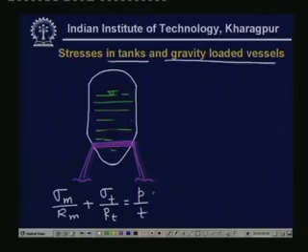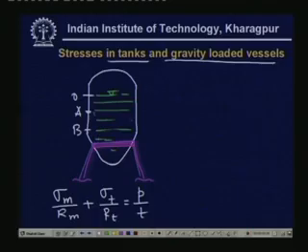Earlier, in cylinder design, we considered P to be uniform, but now P varies. At point A the pressure is different, point B pressure is somewhat different, and the pressure is 0 at point O. So, the pressure varies, and therefore the stress also varies.